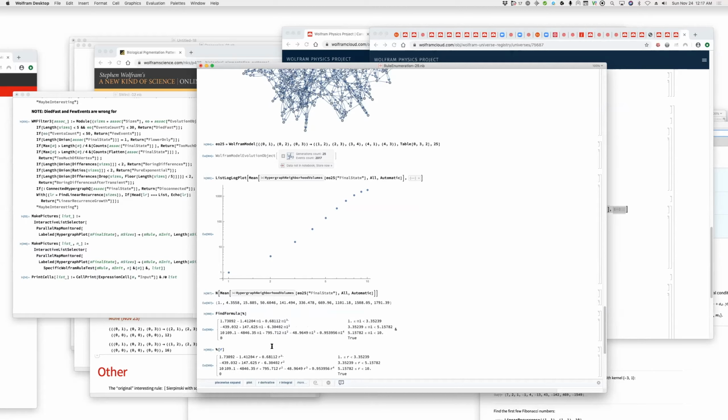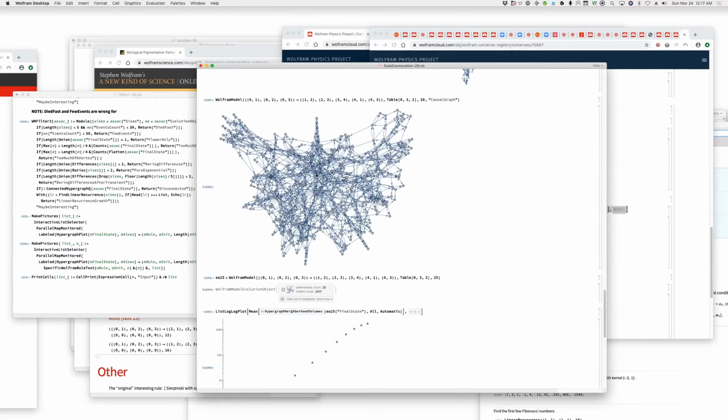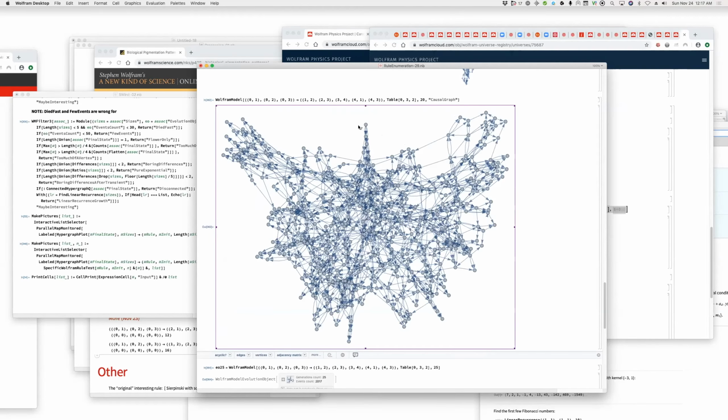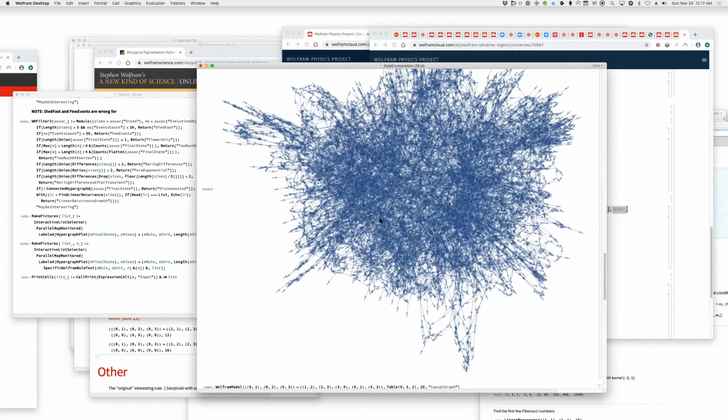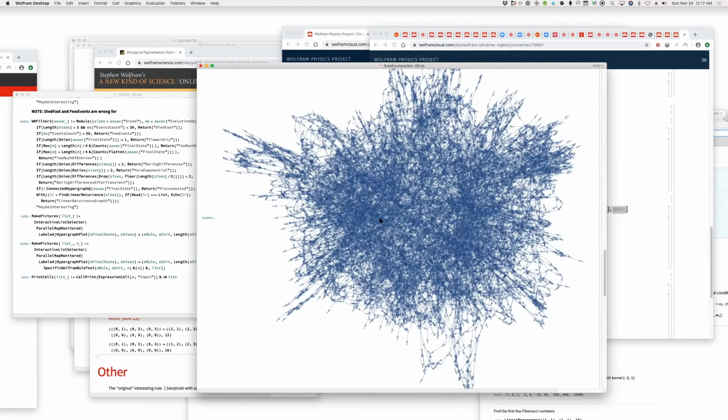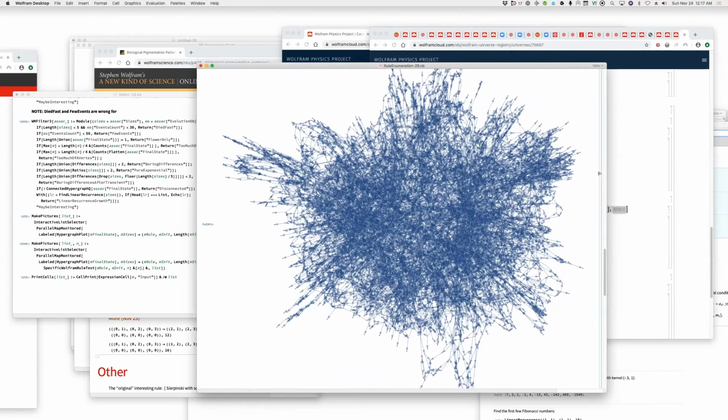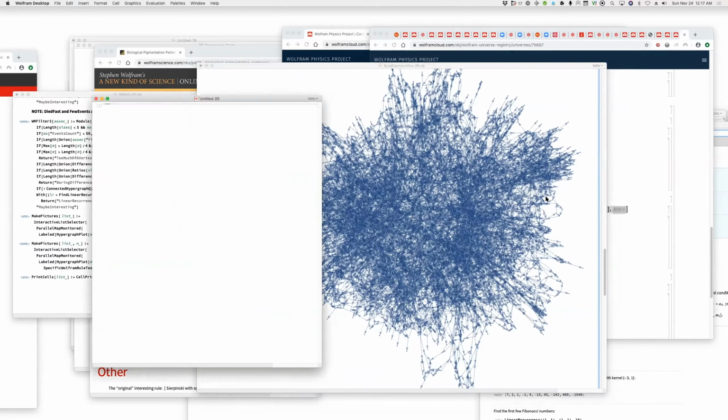Okay. Well, let's try growing it a bit further. That's the causal graph. Well, it's the Big Bang. You know, what can I tell you?